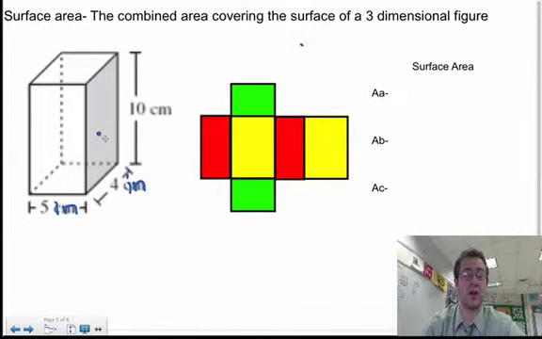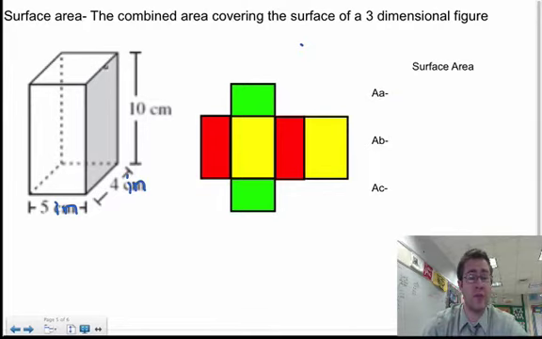So this one right here that's shaded is congruent to the one that we can't see that's dotted on the other side. So all I need to do is find the area of 3 of those figures, and then add them, and then multiply each one by 2. That's going to give me 2 shapes of that same area.